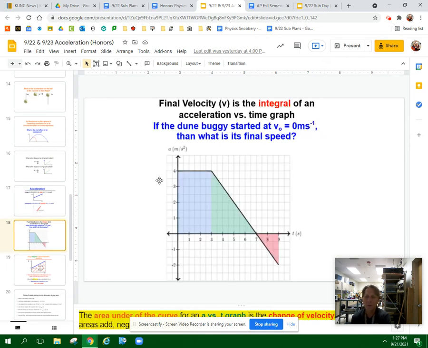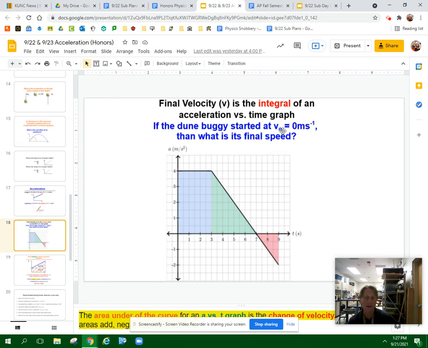Okay. Now, when we look at a graph of acceleration with respect to time, this is an a-t graph, we can take the area under the curve in order to figure out the change of velocity of the buggy. So with your partners, go ahead and do that. Notice that there's 3 sections right here.